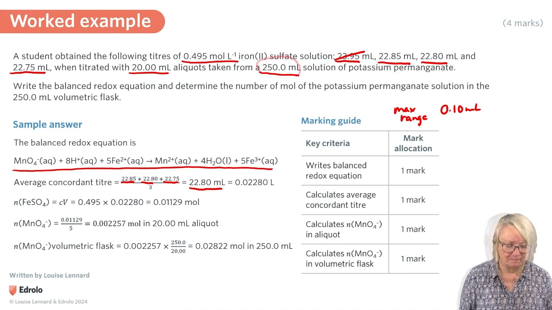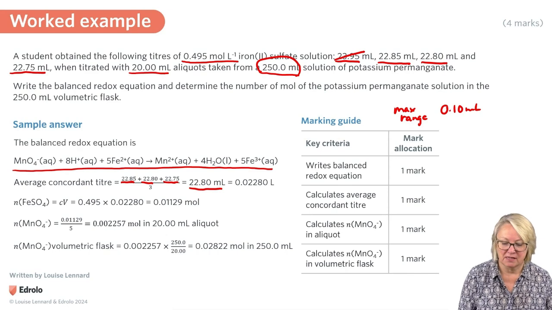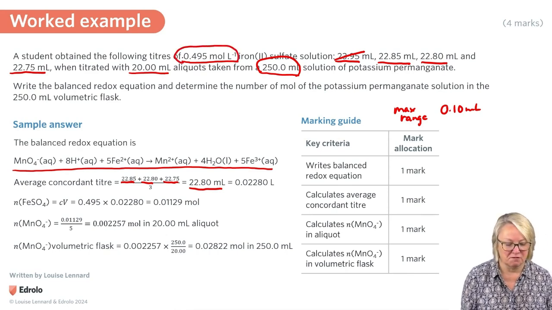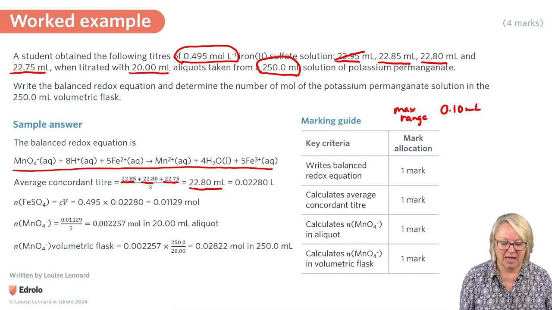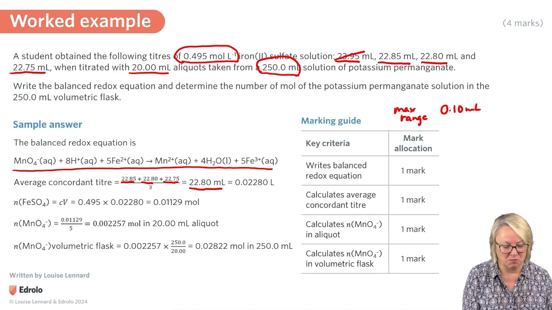0.02280 litres. So the number of mole of our iron sulfate, n equals CV, we have the concentration of 0.495 mole per litre by our average concordant titer, 0.02280, because we converted millilitres to litres, equals 0.01129 mole.